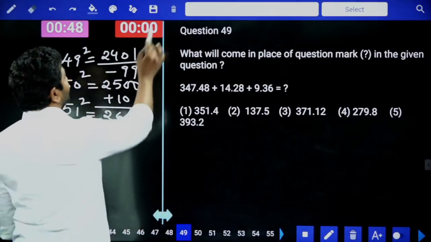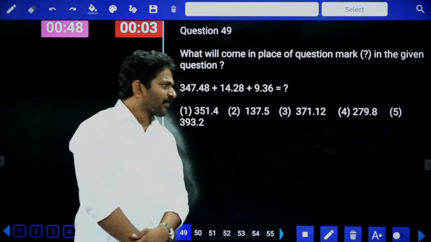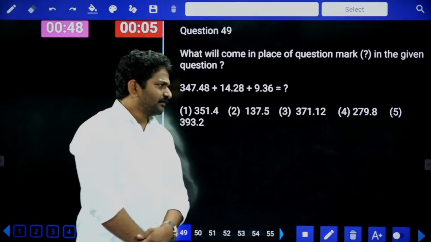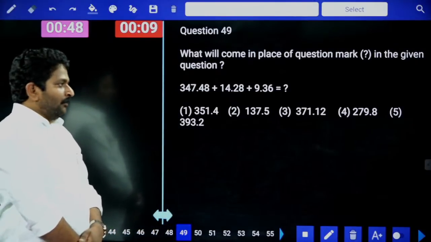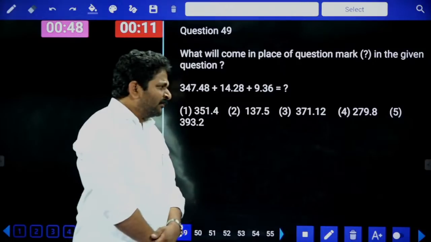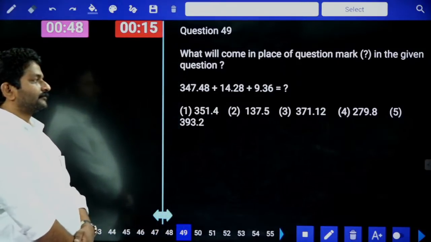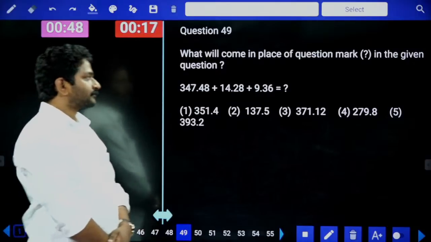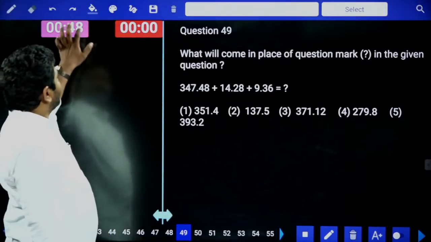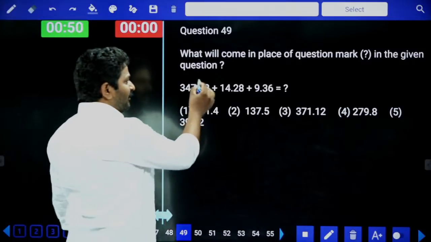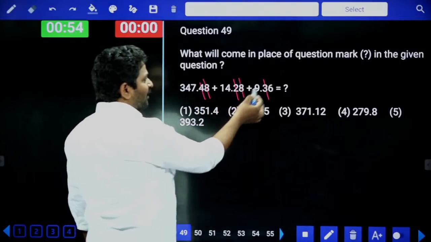Yes. Next question. Yes, number after decimal is sufficient. 40, 60, 90, 98, 106, 112.